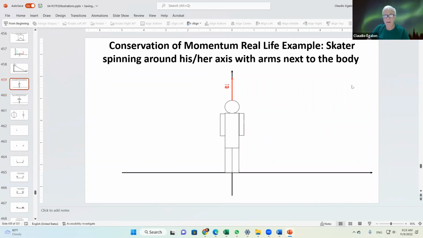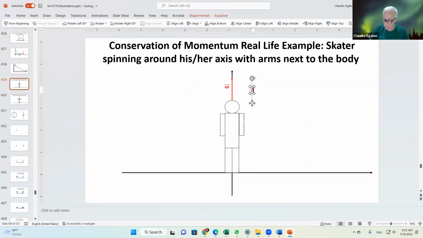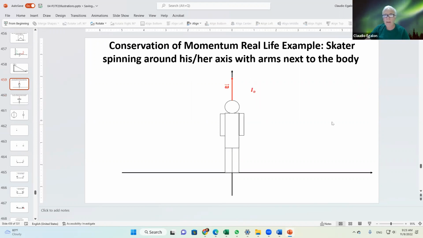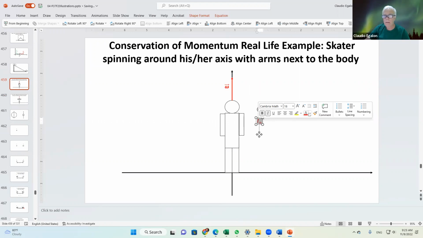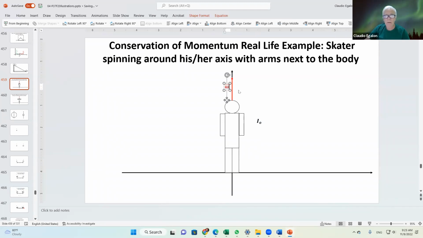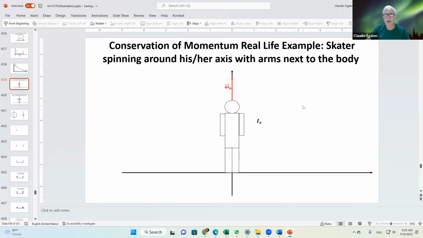So here, the skater has one moment of inertia that I'm going to call I naught. And also I'm going to put omega naught for the initial angular velocity, right?